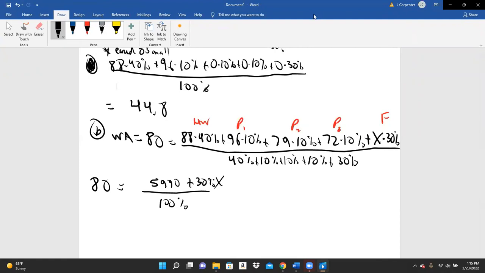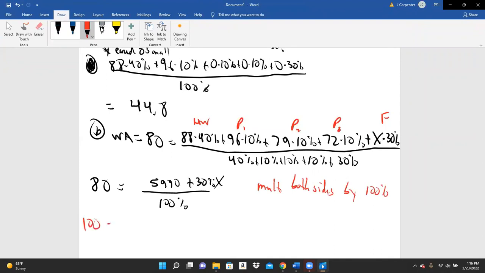And it might not be the prettiest algebraic equation that we've solved in here, but it's also not the end of the world. If this denominator is 100, the way you get rid of denominators with fraction equations is you multiply both sides by that. So multiply both sides by the 100%.